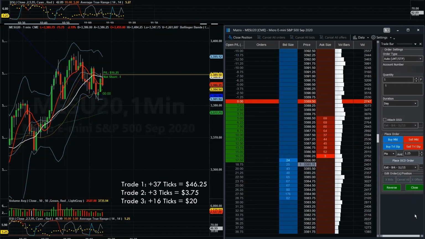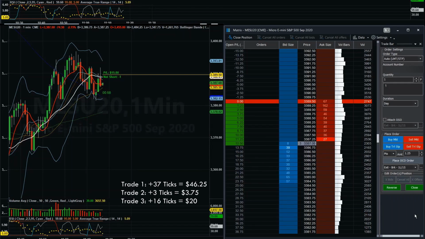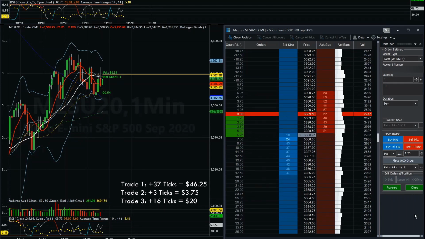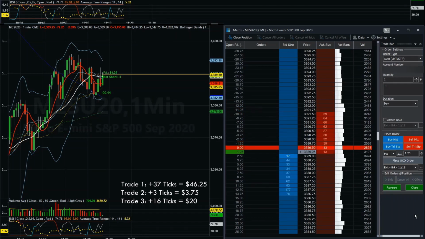Well, as I said before, those indicators, moving average, Bollinger Bands and the other stuff are secondary in nature. I only use them to confirm my other calculations.